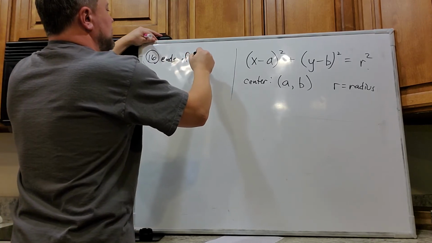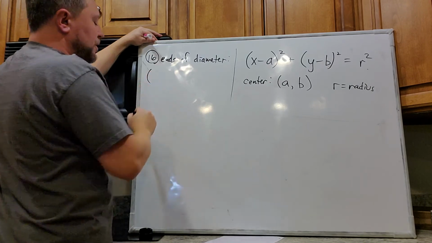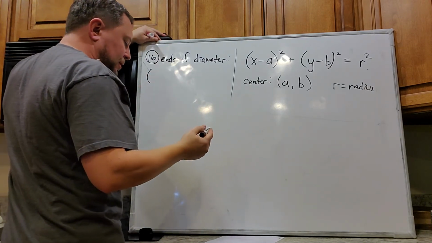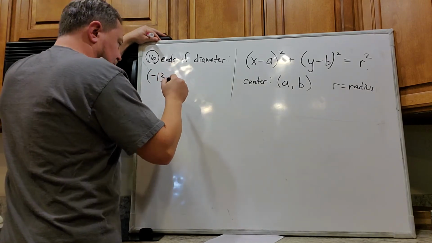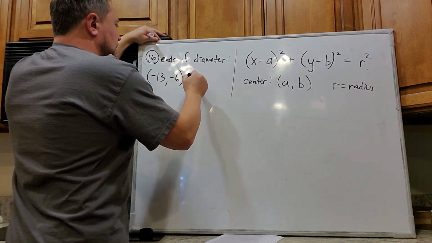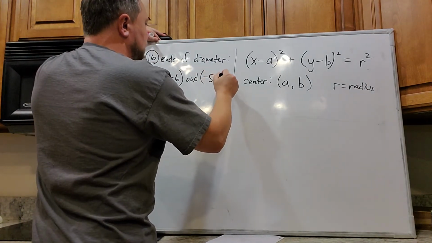So they're giving us 2 points then. That's what they mean here. One of them is located at negative 13, negative 6. And the other end of the diameter is at negative 5, 10.